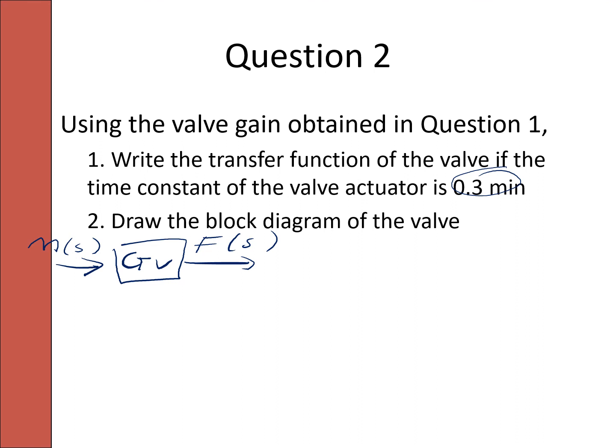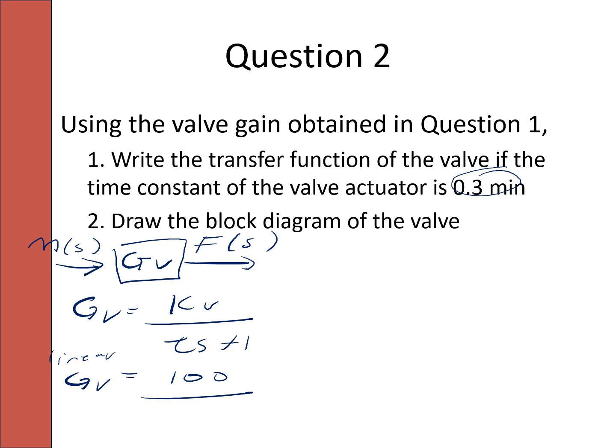The transfer function is kV over tau s plus 1. We have the value of kV for the linear, 100, over the time constant of 0.3 minutes. You need to change it to seconds, so 18 seconds, s plus 1. This is for linear.